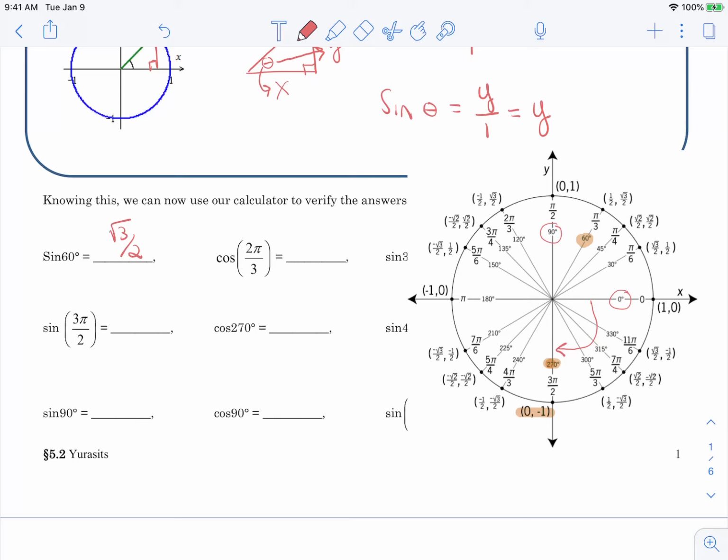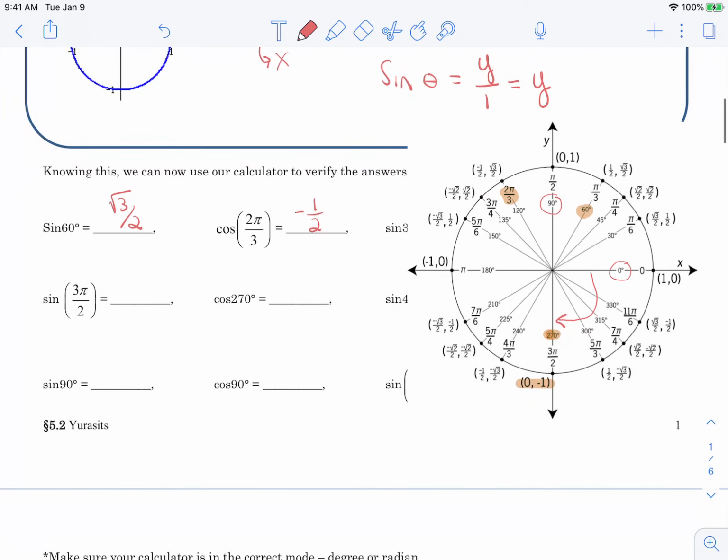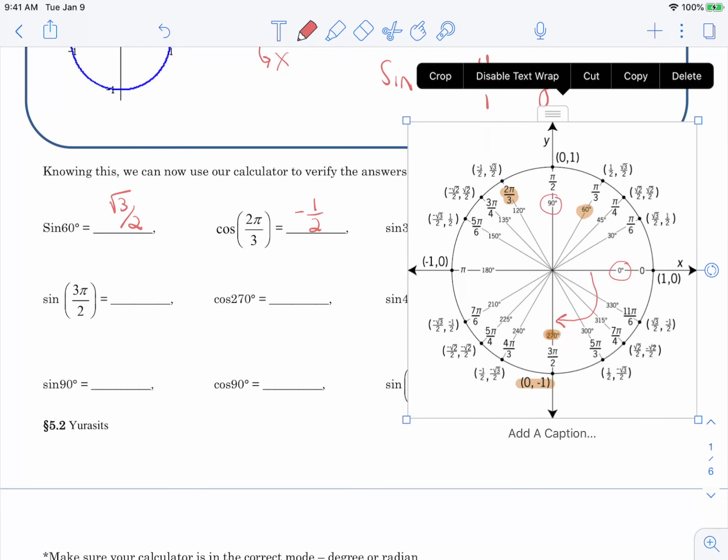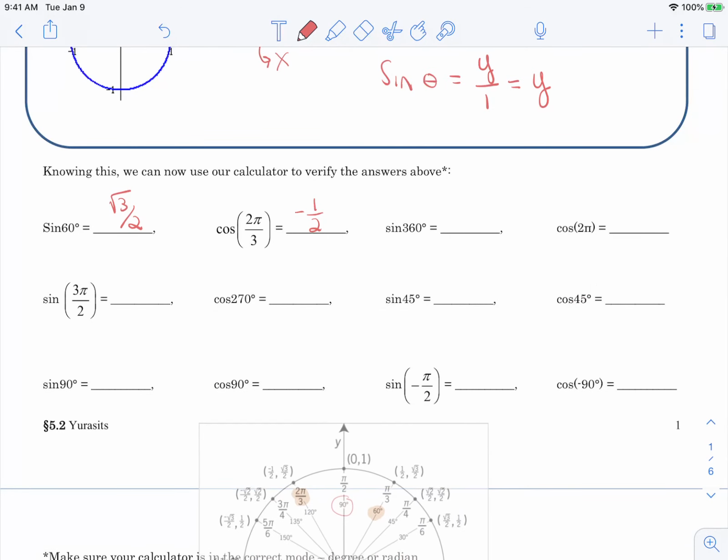So cosine of 2 pi over 3. Now I'm going to find 2 pi over 3, which is right here. My cosine, remember, is your x value. That would be negative 1/2. All right.